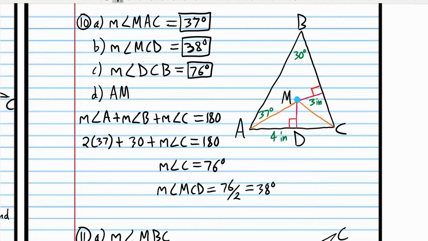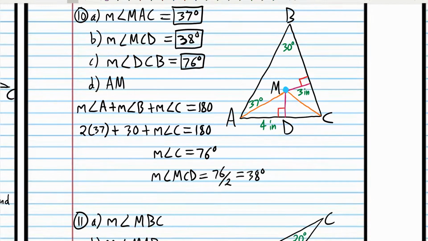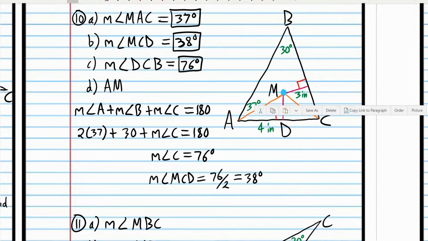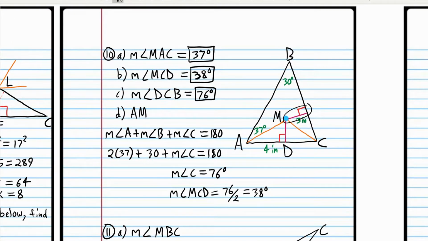AM, we're going to have to use the Pythagorean theorem and the Incenter theorem. Now remember, the Incenter theorem tells us that the incenter is equidistant from the sides of the triangle. So this distance, because there's a right angle, we know that's the distance from the incenter to the side of the triangle, and this is also the distance from the incenter to the side of the triangle. So because this is 3 inches, this must be 3 inches also.